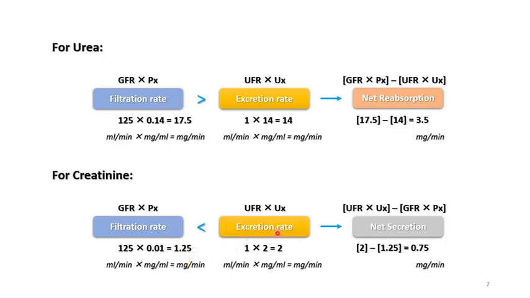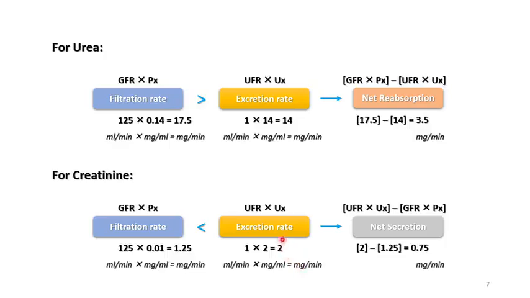And for the excretion rate of creatinine, the urine concentration is 2 milligram per milliliter or 200 milligram per deciliter. We have converted it to milligram per milliliter. It is 2. And the final excretion rate for creatinine is 2 milligram per minute. This is the amount of creatinine that is eliminated from the body every minute.